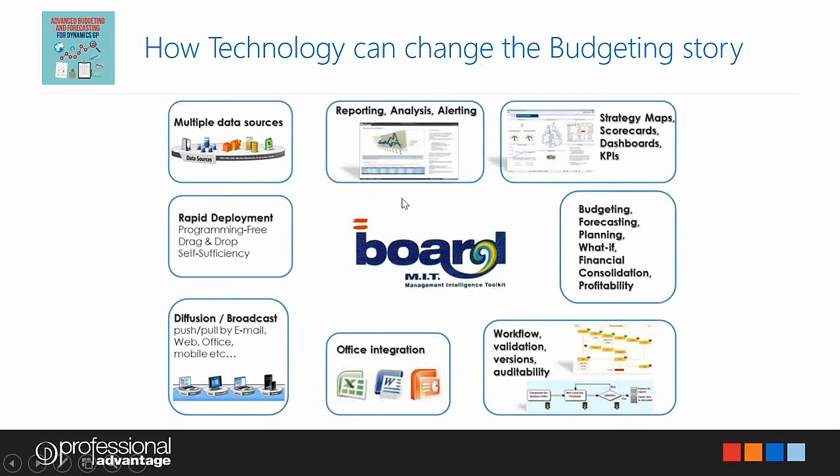Because it is a complete BI tool as well as a budgeting and forecasting tool, you can do all of your reporting, analysis. You can run KPIs, dashboards. What we're interested in, though, is the budgeting, the forecasting, planning, and so on.